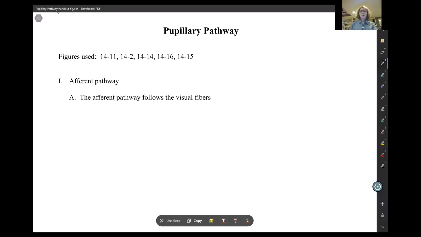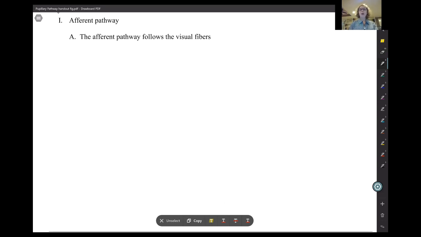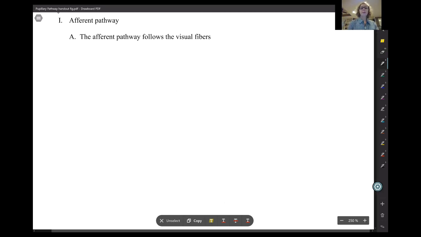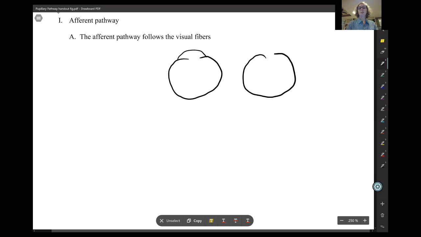So we're going to start by going over an overview of the afferent and the efferent pathway. And our afferent pathway does follow the visual fibers for a portion of the pathway. So we're going to draw out both of those pathways. So we'll start by drawing the anterior portion of the visual pathway.